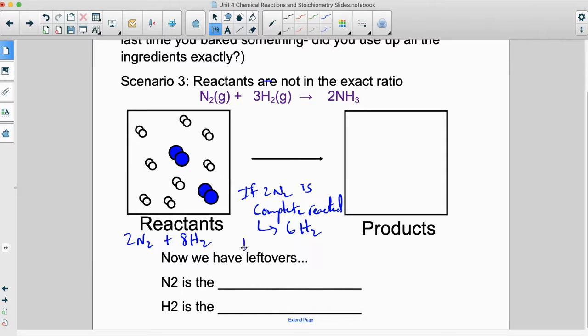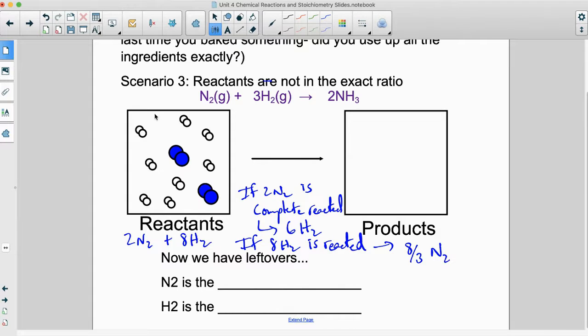If 8 H2 is reacted, then in that case, we should have a third of 8 N2s, 8/3 N2, which I apologize for picking this number because I should have picked something more even.